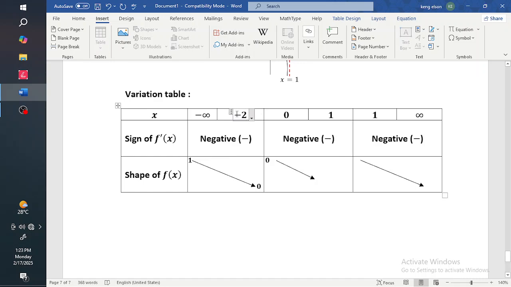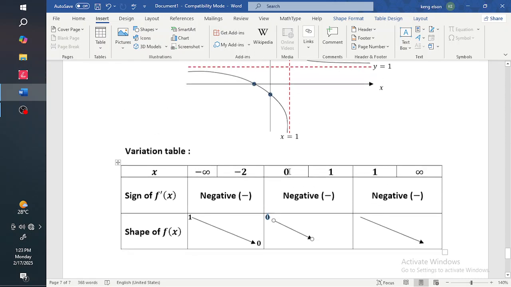Then we have the interval from minus 2 to 0, then the interval from 0 to 1, and then the interval from 1 to plus infinity. So when you decrease from minus infinity to minus 2, you continue decreasing from there down to f of 0, where when x is 0, y is negative 2.